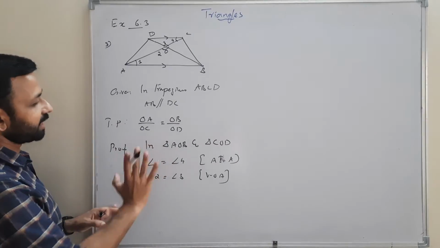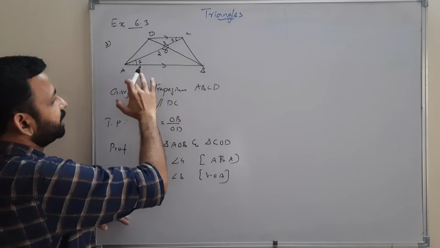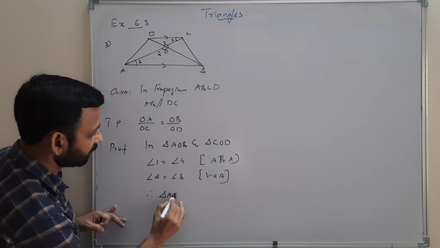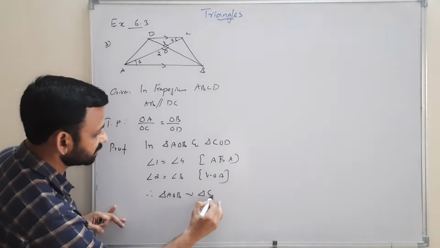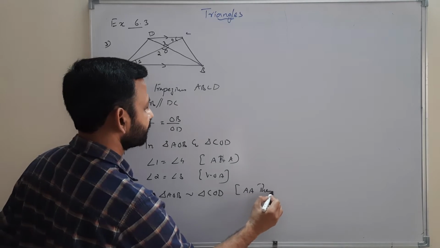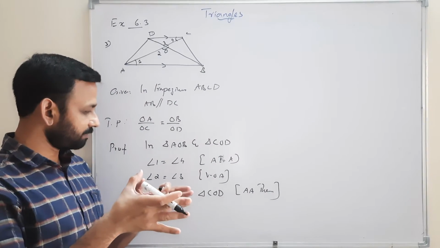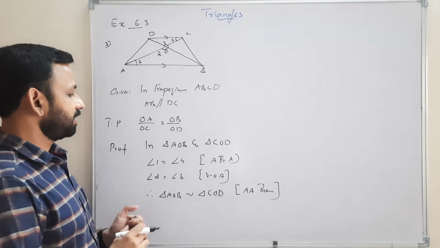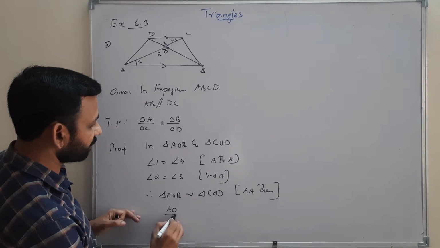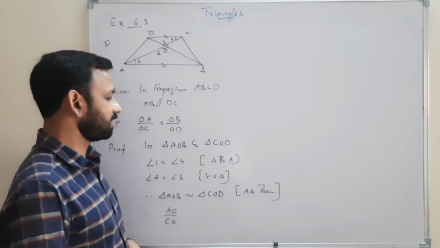So by AA theorem, two angles are equal. So by AA theorem, triangle AOB similar to triangle COD. Therefore triangle AOB similar to triangle COD by AA theorem. If they are similar, then we can make the ratio AO upon CO. Therefore AO upon CO, corresponding sides are in same ratio because these two triangles are similar.